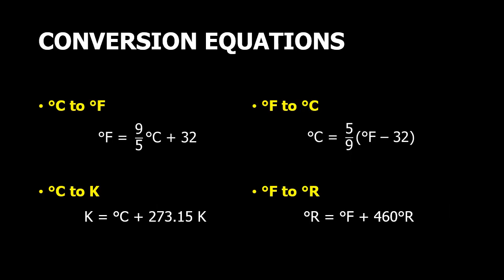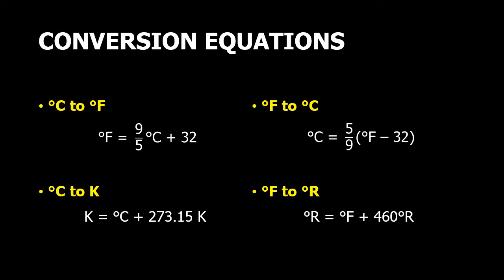Here are some formulas that we can use when changing from one temperature to another. When converting from degrees Celsius to degrees Fahrenheit, we use the formula 9/5 multiplied by the degree centigrade plus 32. If we want to convert back from Fahrenheit to Celsius, we reverse this process, and the formula is the degree Fahrenheit minus 32 multiplied by 5/9.